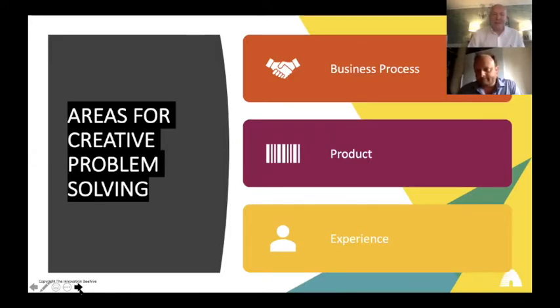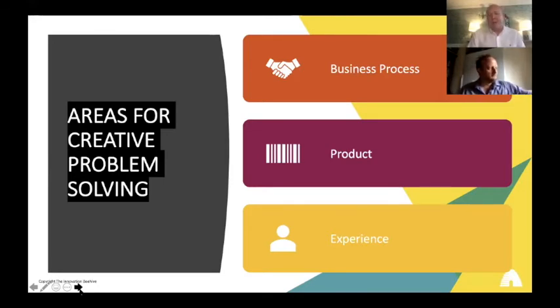I think what's interesting, actually, when you think about creative problem solving or innovation, is that often people go straight into product. They think that is the obvious home for creative problem solving or innovation. And actually, you can get absolutely new products, and we've worked on new products, some of which I'm proud to see on gondola ends in supermarkets or on the menu boards in restaurant chains.